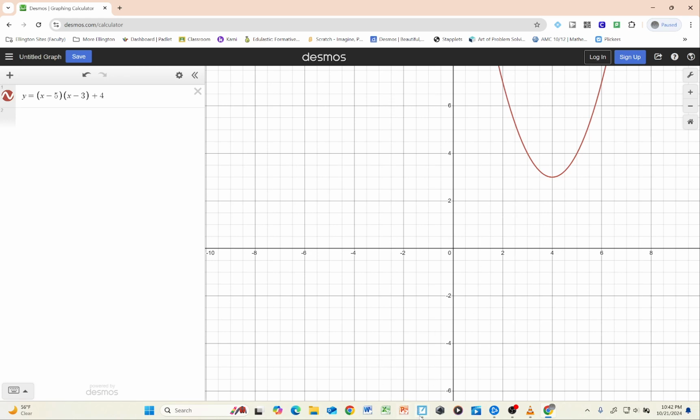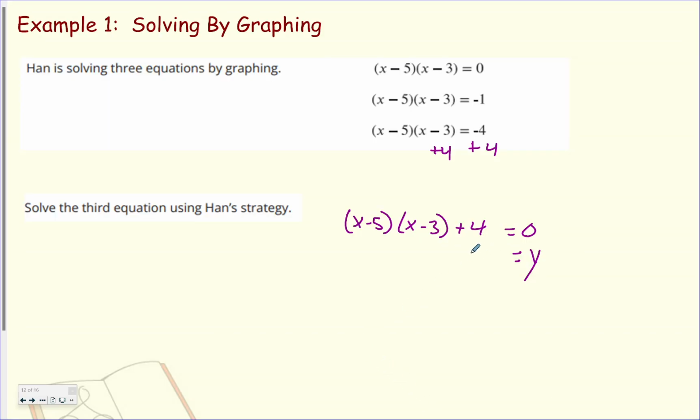So if we come down here, sure enough, no x-intercepts. Therefore, no real solutions.